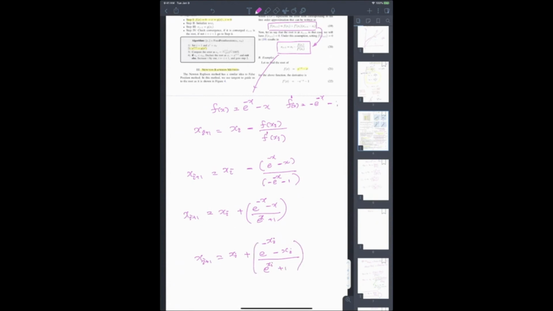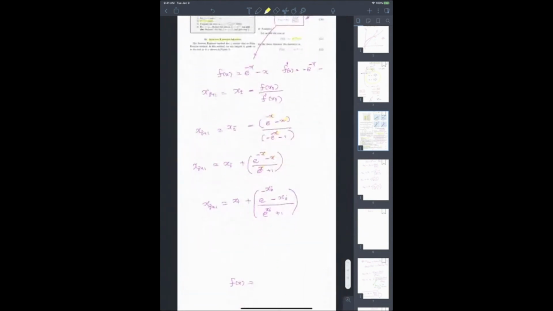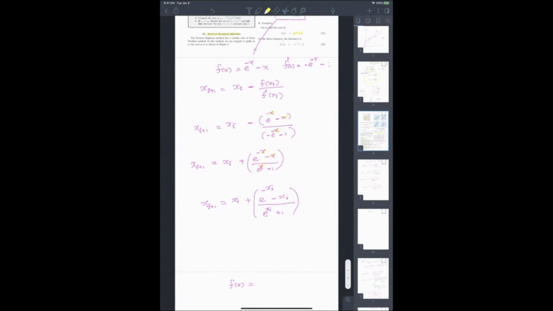Is that too confusing? Because here I just used x, but what it means is that we have to substitute a value for x. We will use the previous value. So this is an iteration right there. If you know the current value of x, so x_i is the present value, the present root, x_{i+1} is the next root.